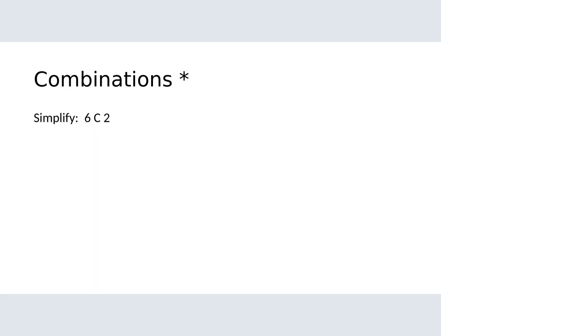Okay, here goes. Very straightforward. 6C2. So this is a combination of 6 things taken 2 at a time. We didn't do a poll for the one like this with permutations, so we'll do a poll for this one with a combination.